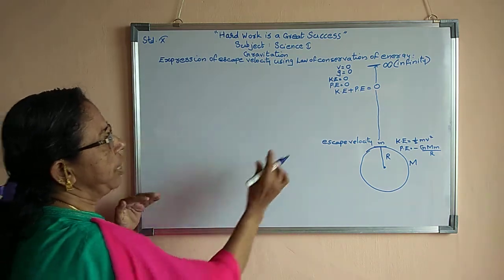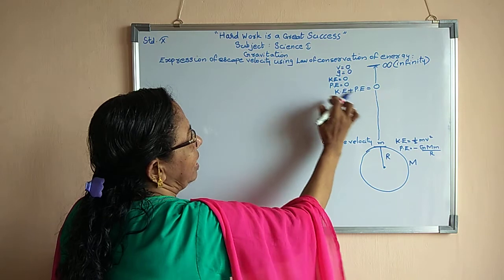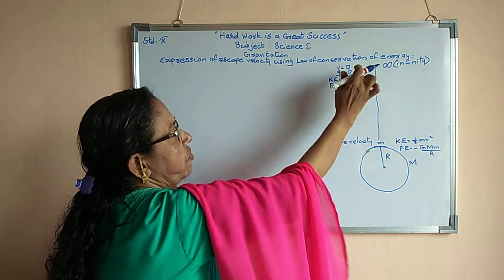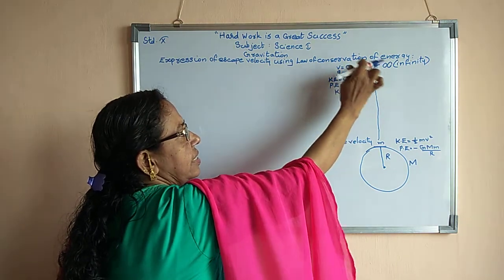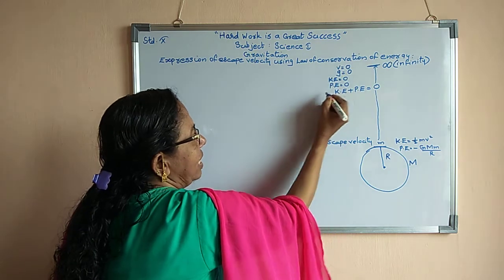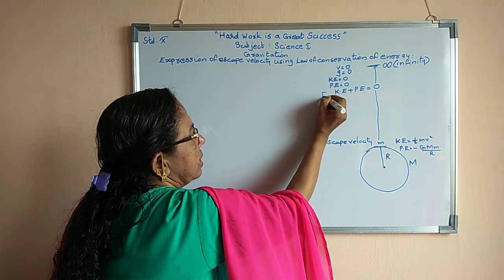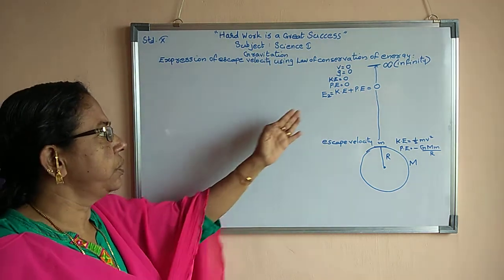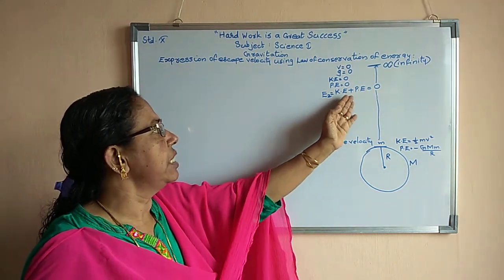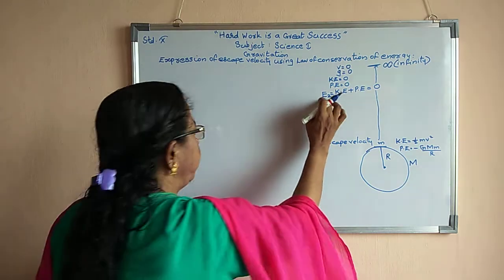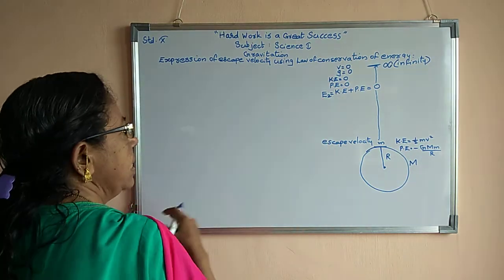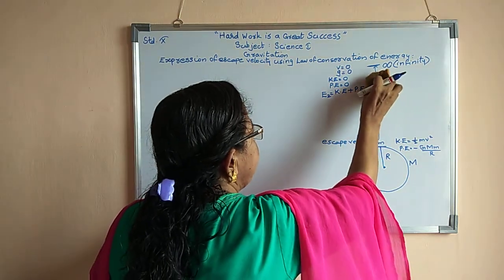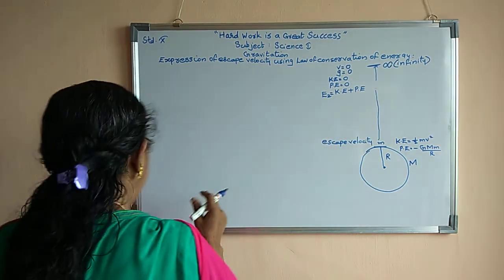Let us see now. This is the total energy possessed by the body when it is at infinity. So for the total energy, I am writing E2 is equal to Ke plus Pe. E2 means Ke plus Pe.